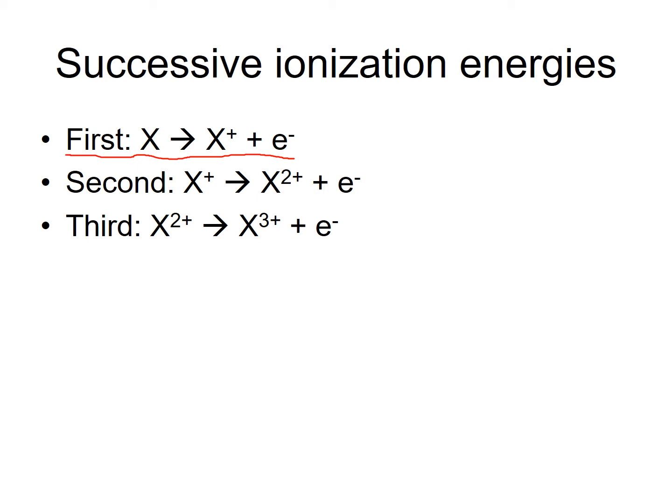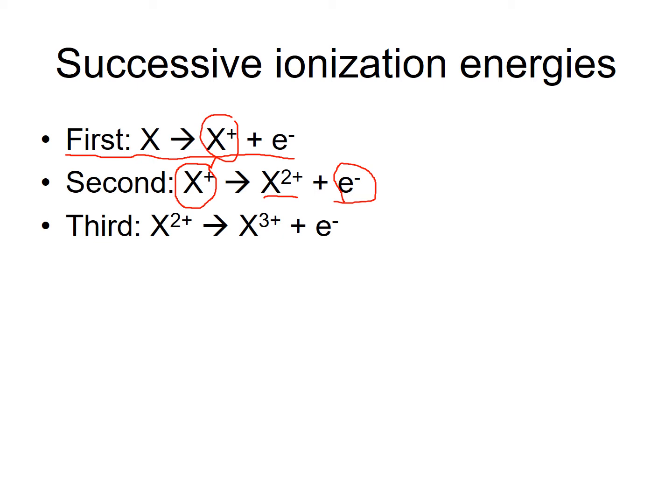However, if I have this ion, again in the gas phase, and I hit it with another photon or add energy to it somehow and cause a second electron to be removed, then I'll make an ion with a charge of +2. And the energy that is needed to cause this to happen is the so-called second ionization energy.